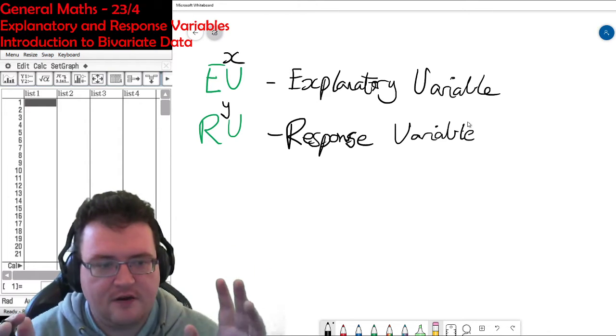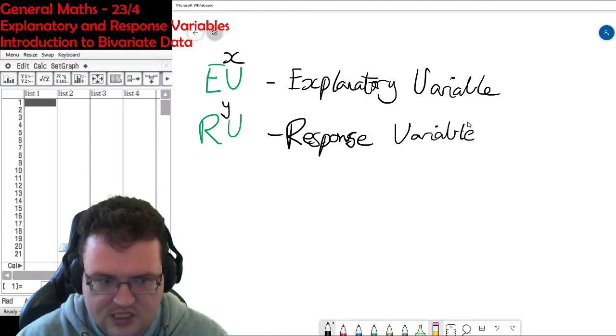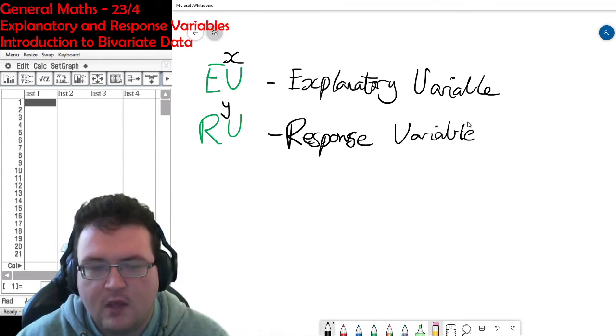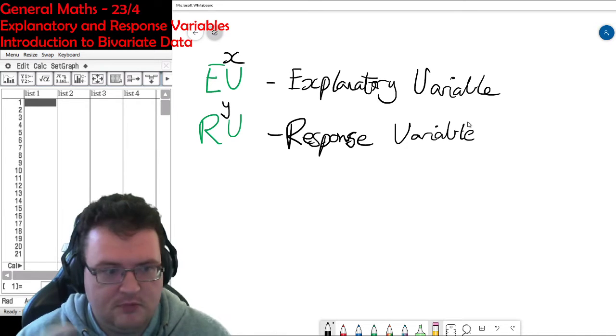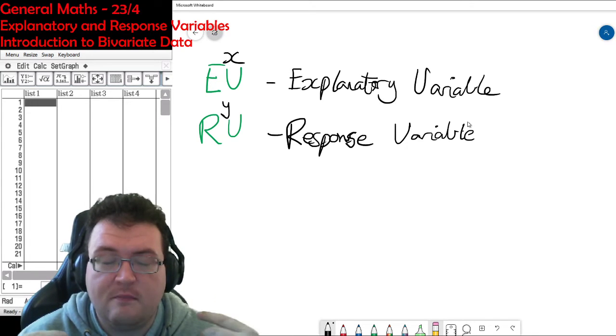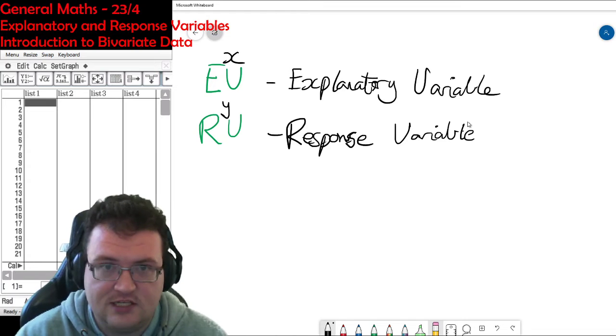So as part of this, we have to start thinking about, if we're comparing two things, what is the response and what is the explanatory? Which thing influences or causes the other thing? And one of the ones that teachers love to get to is comparing the amount of time a student studies with the score that student gets on the test.